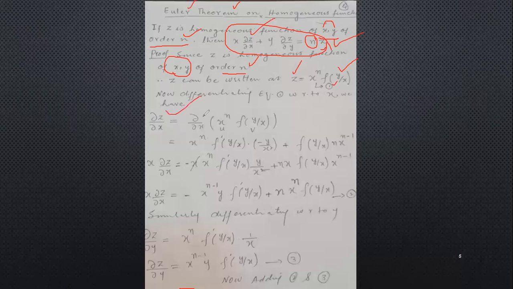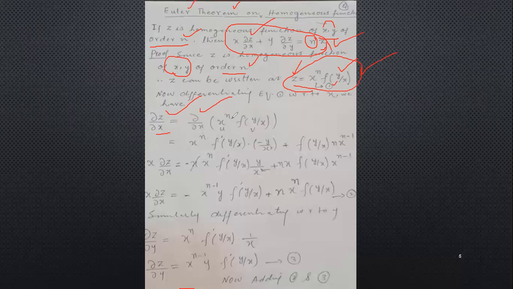So the partial derivative of z with respect to x equals the partial derivative with respect to x of x power n into f of y divided by x.